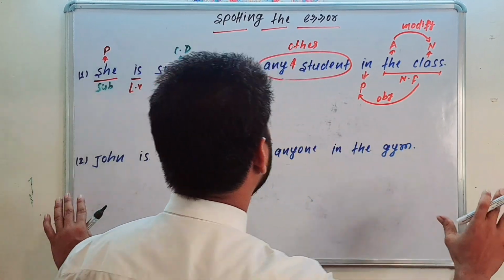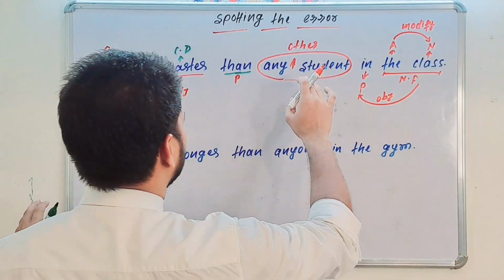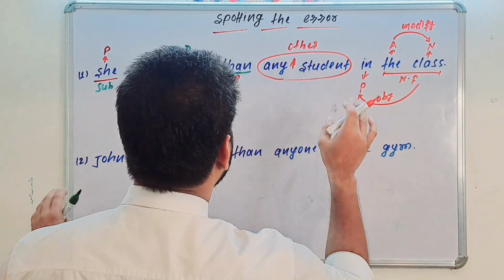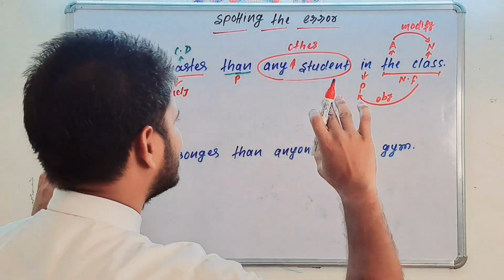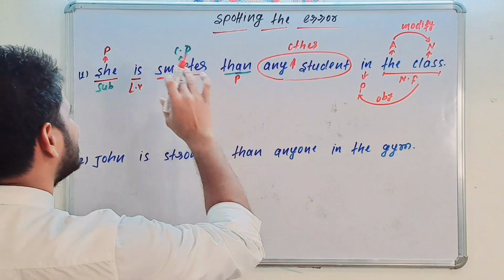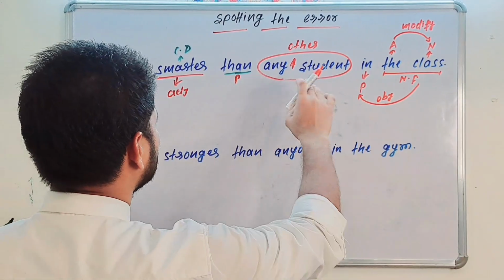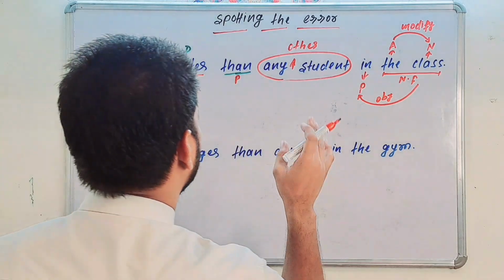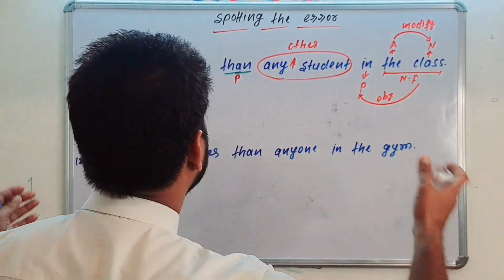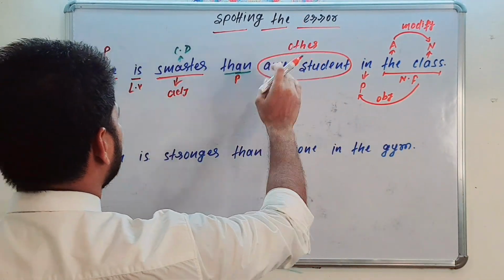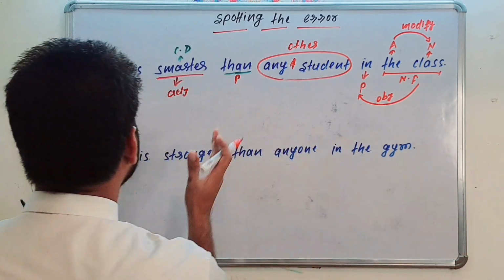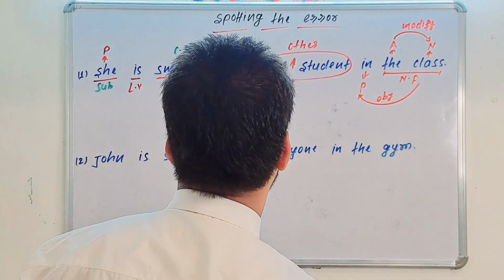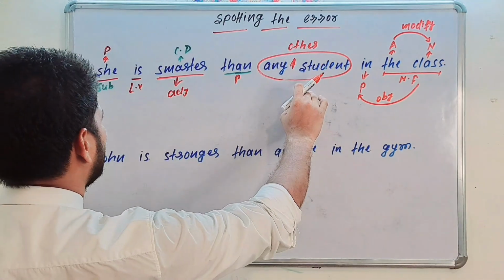I told you everything and I spotted the error part here. Use other between any and student. Then the sentence becomes right. Now this sentence is 100% right: She is smarter than any other student in the class. Now I spotted the error part.